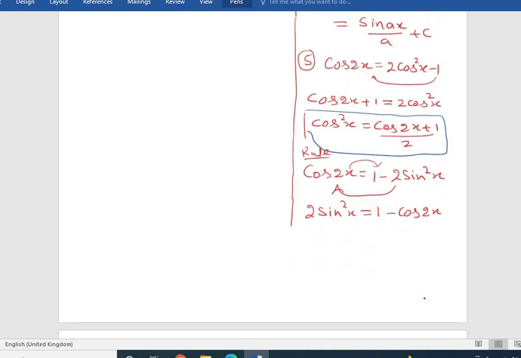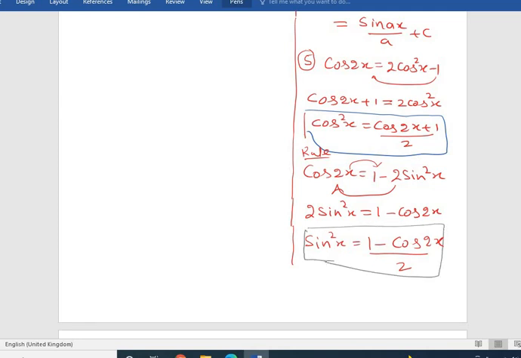Now, if the question asks for sine square x in terms of cosine, then it will be 1 minus cosine 2x divided by 2. I will use this also as a rule when doing questions.